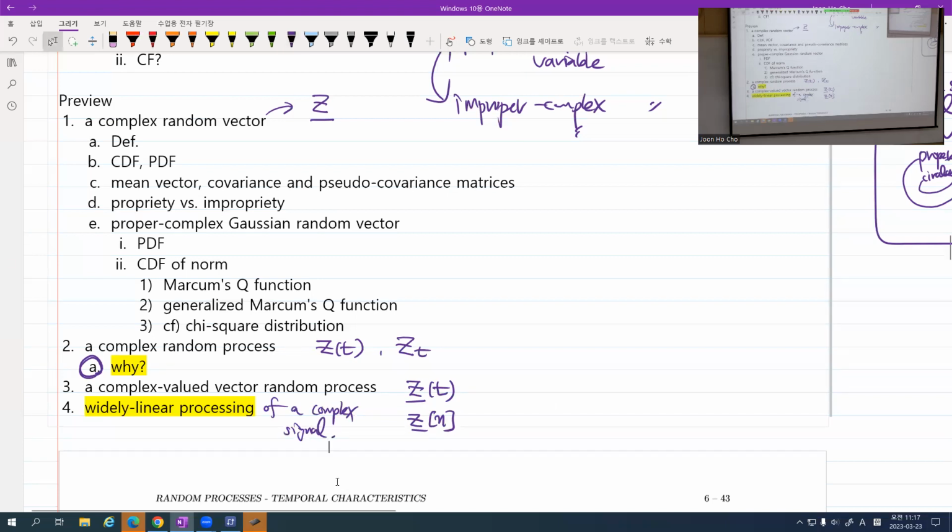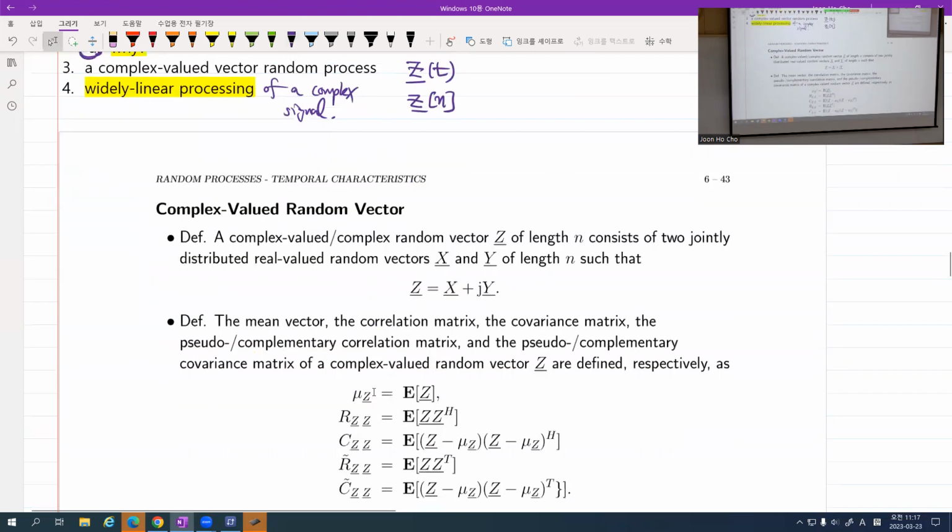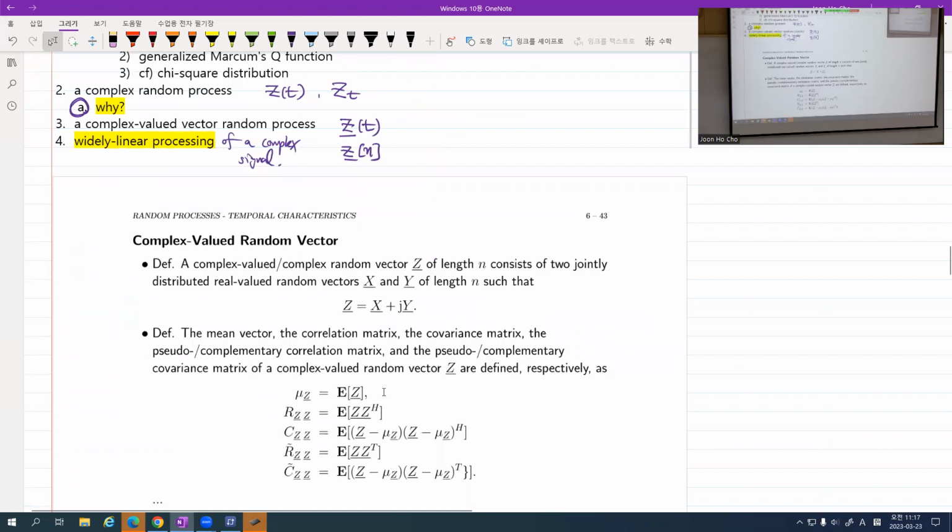Okay, so this is the page we are going to cover. Z is a complex random vector. What does that mean? Each entry of Z has a real part and an imaginary part.